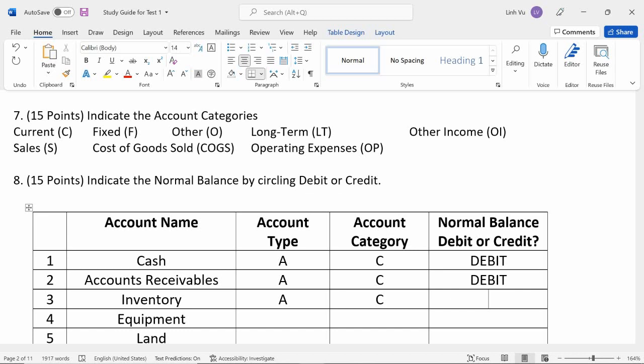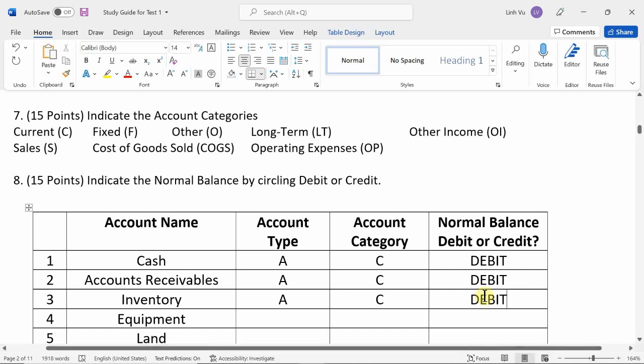Right. But it is immediate cash available. Exactly, because I can have inventory for a whole week, and if I need cash right now, I can open up my shop and sell as much as I can for that whole day and get the cash immediately. And it's debit also. Correct. Good.